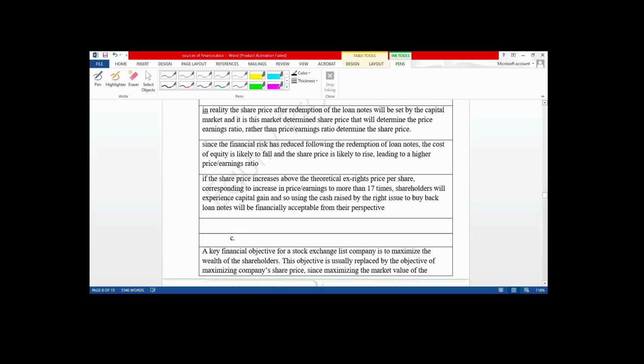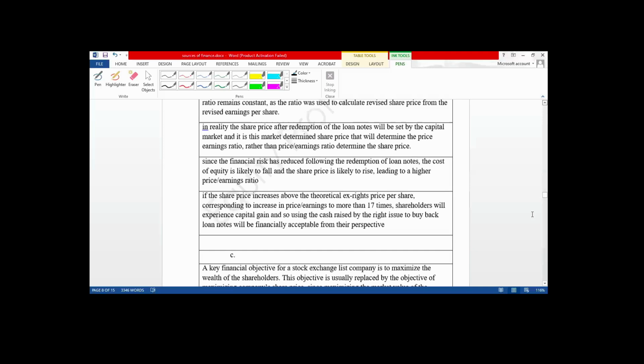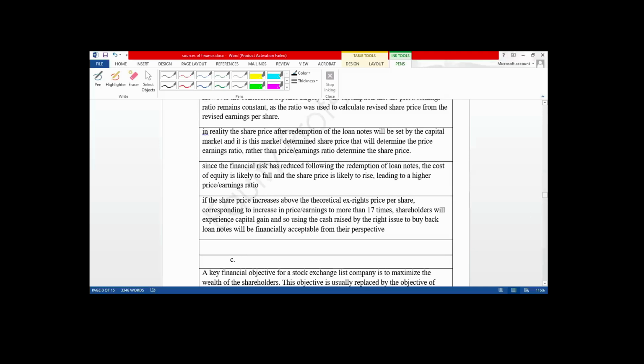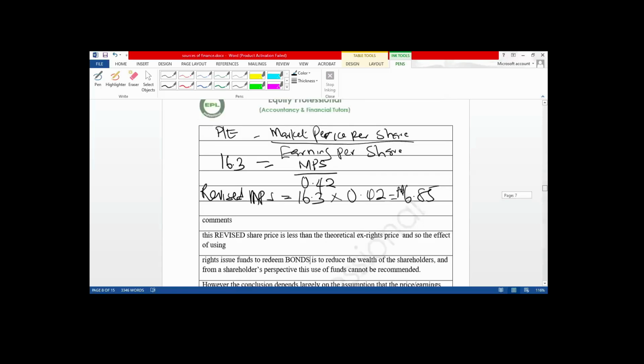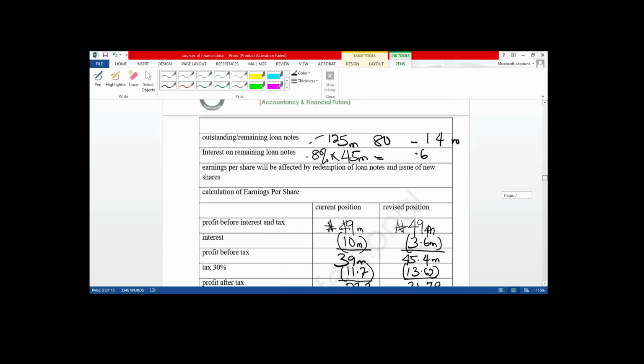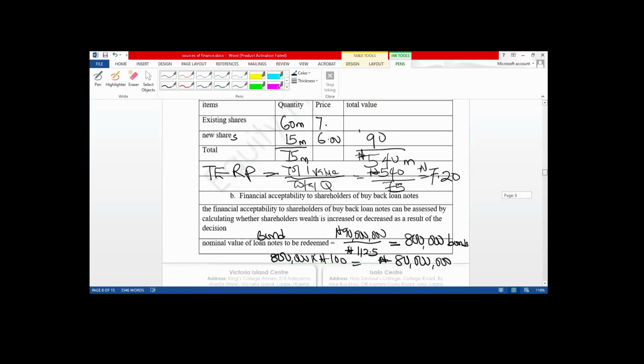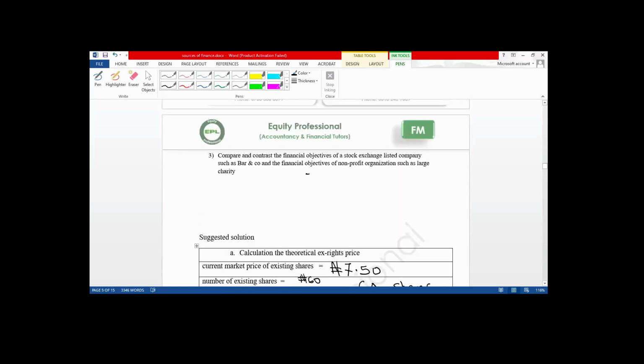The last aspect, you can take the notes here, boss. The last question is, compare and contrast the financial objective of a stock exchange listed company such as Banco and the financial objective of a not-for-profit organization such as a large charity.